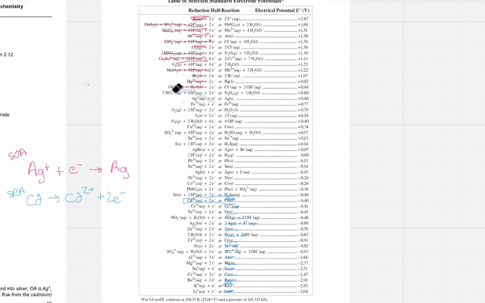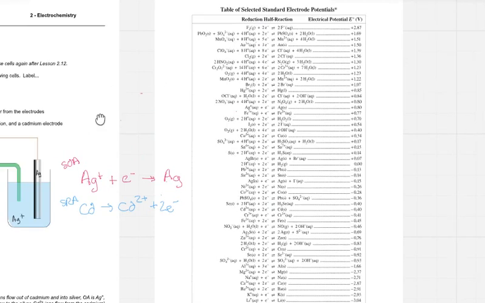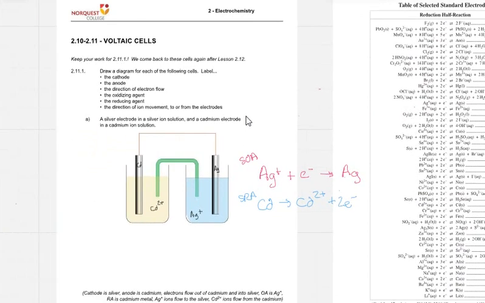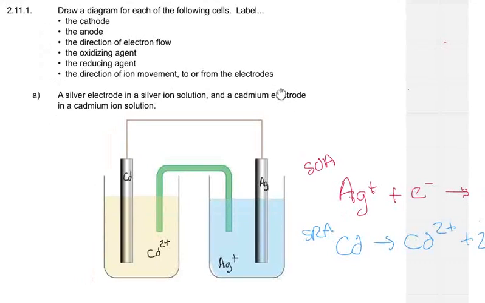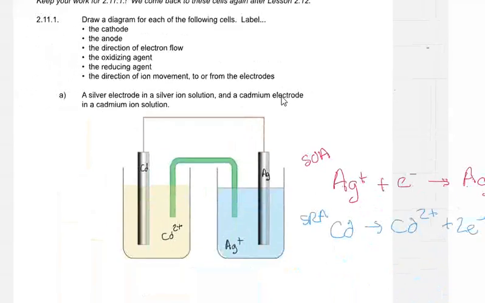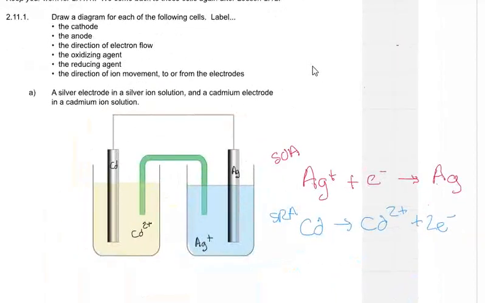Now we can go back to our cell and work out the rest of these answers. All right, I'm not going to start with the cathode question. That'll be easier to do in a few minutes, but they start with what is the oxidizing agent?